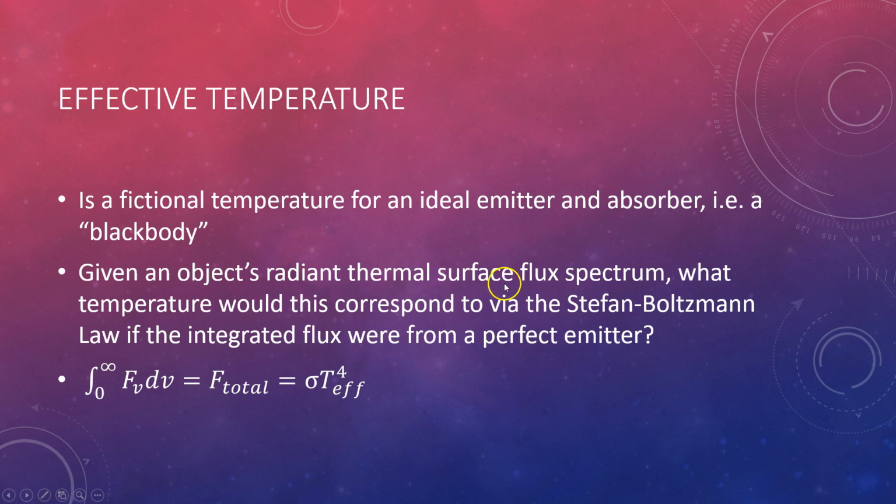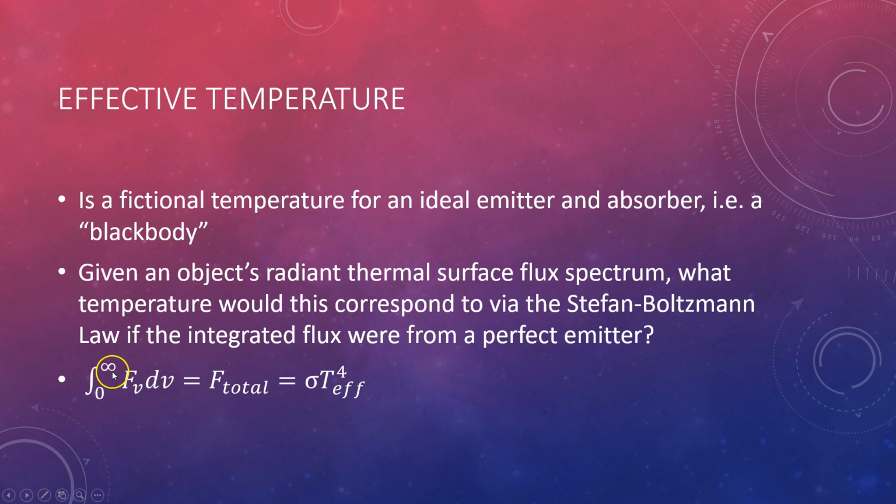So given an object's radiant thermal surface flux spectrum, what temperature would this correspond to via the Stefan-Boltzmann law if the integrated flux were from a perfect emitter? Generally, things do not emit perfectly like a black body, but we can say, if they were emitting all this energy like a black body, what would that temperature be? So that's what we do here.